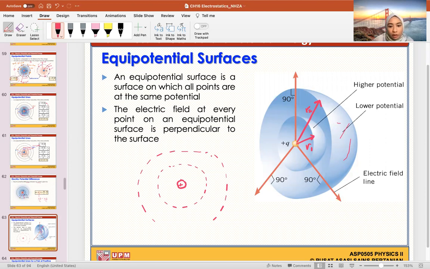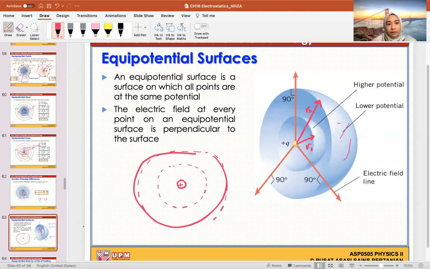Previously, we talked about along the line, the potential is the same. Now we're saying, okay, along the surface, the potential is the same. Now you have to imagine in 3D. Previously, it was in 2D. Imagine the circle becomes a globe now. It becomes a sphere. So it's the same concept. All points on the surface have the same potential. No need to think too hard, just remember equipotential line means same potential.